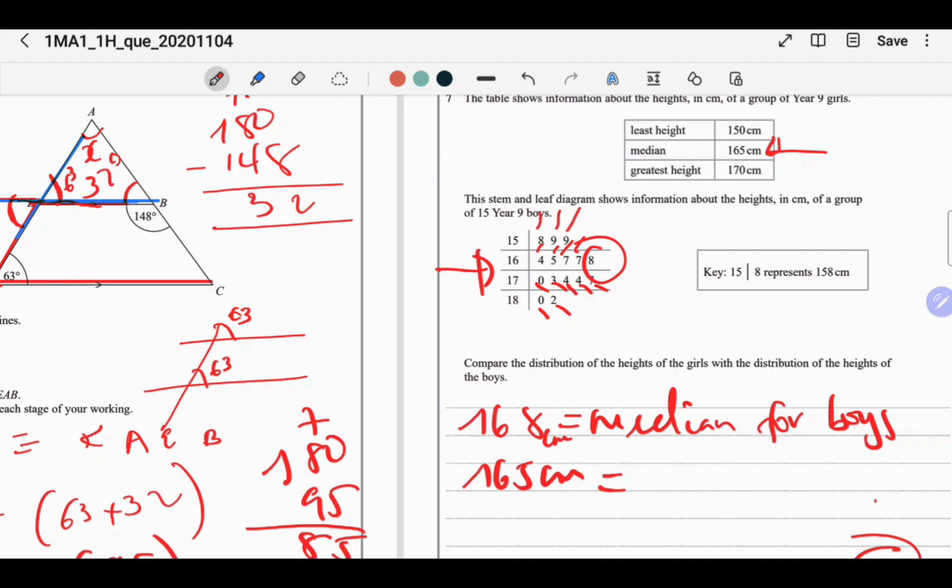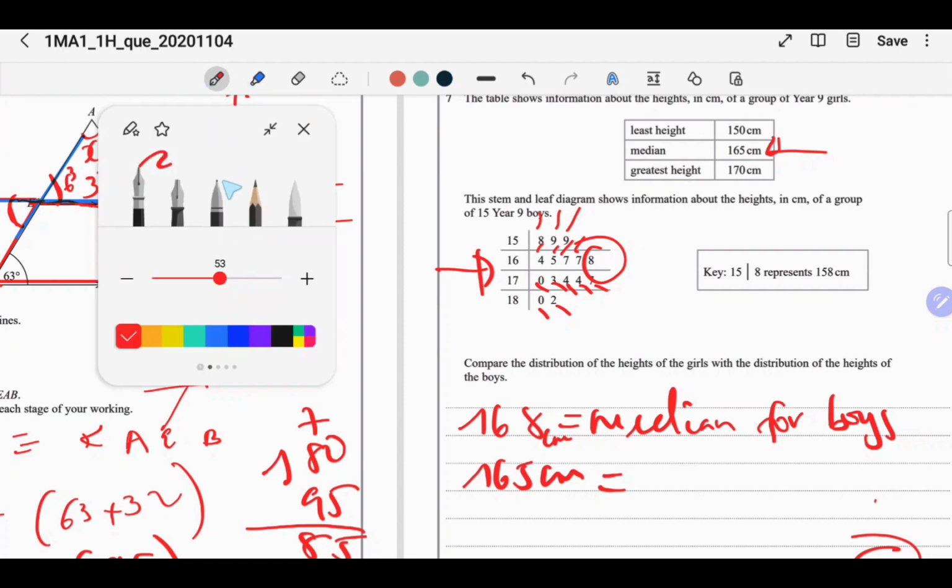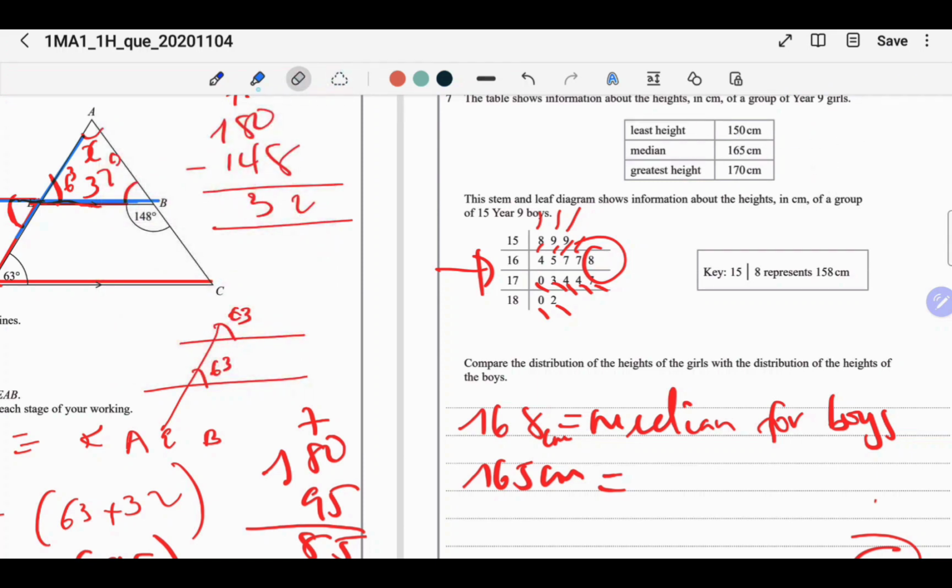The least height for the girls would be 150, and the greatest is 170. So the range here is 170 minus 150, which is 20 centimeters.